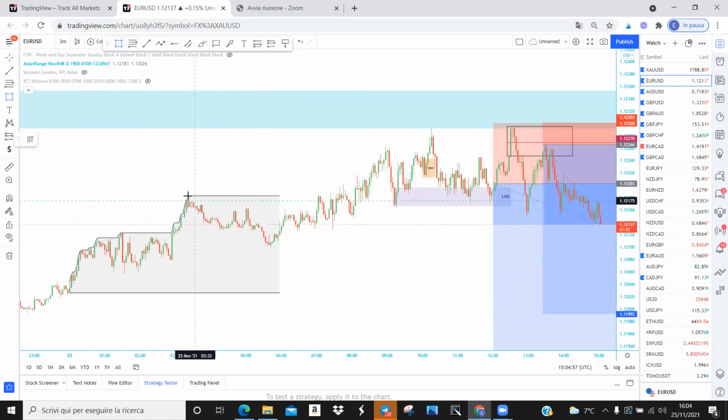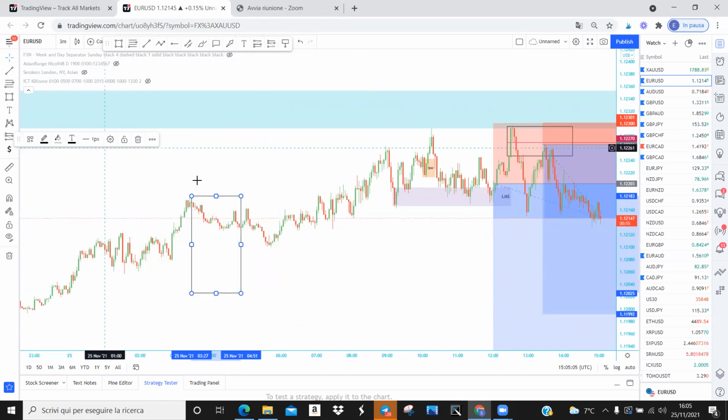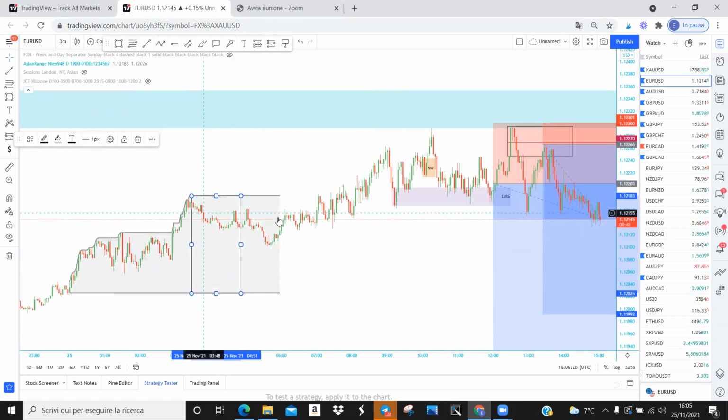And basically, you can just put a box from the highest point to the lowest point and mark it out, and then you can just take off the indicator. It just helps you instead of opening your chart and looking at the time where the Asian range started and where it finished and marking yourself the highest and lowest point. You can just use an indicator that tells you the range.